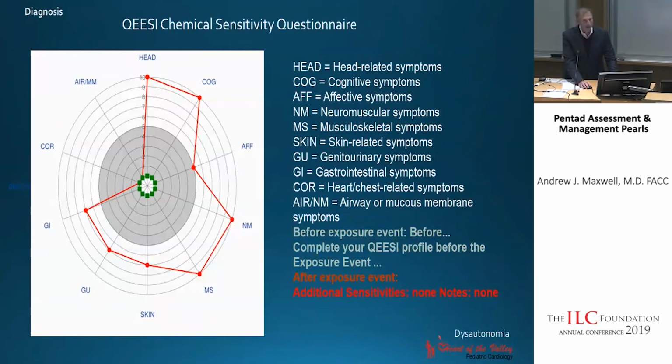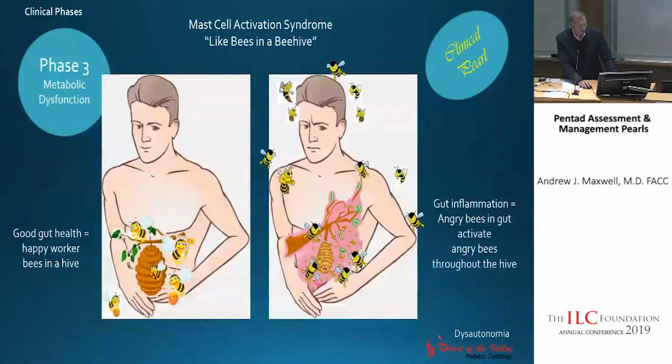I always have my patients forward their results to me so I can include it in their chart. The larger this circle outside the gray circle, the more likely they have a mast cell component to their illness. So that's one of the questionnaires I have every patient fill out as they're coming in to see me for the first time.